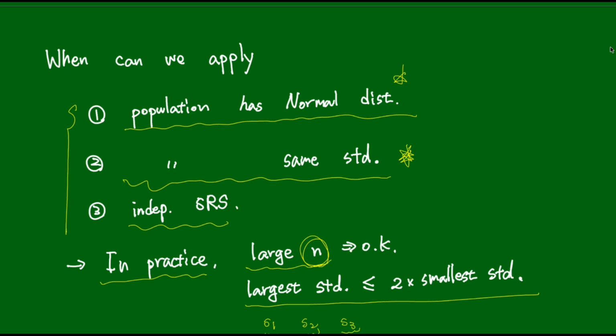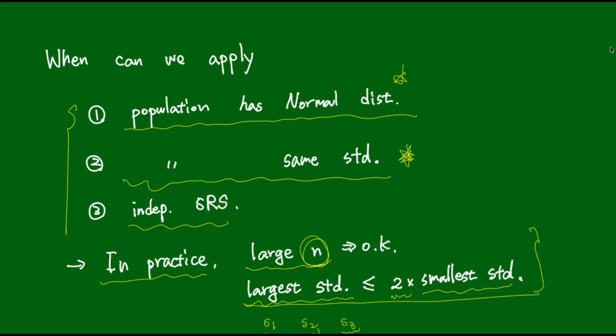Then we can determine which one is the largest and which is the smallest. If the largest sample standard deviation is less than 2 times the smallest standard deviation, then we are safe to use ANOVA.